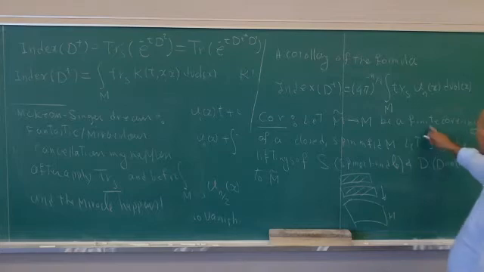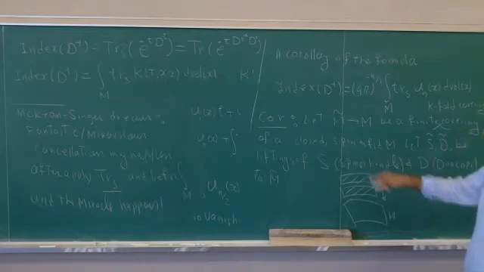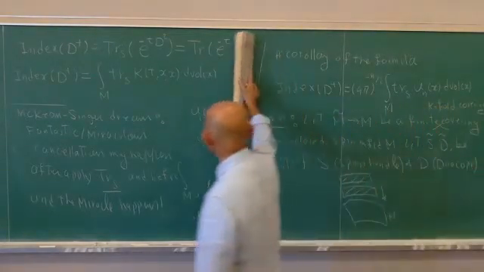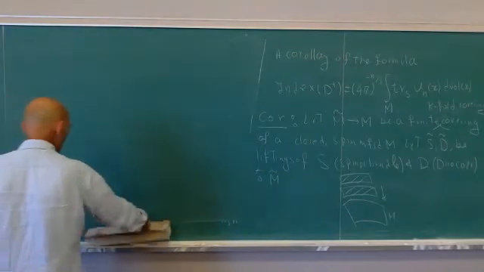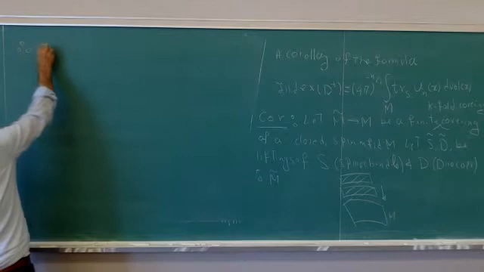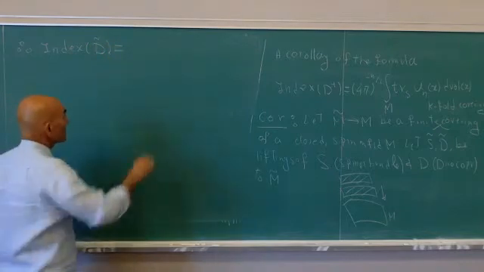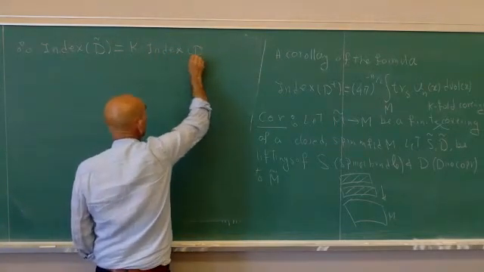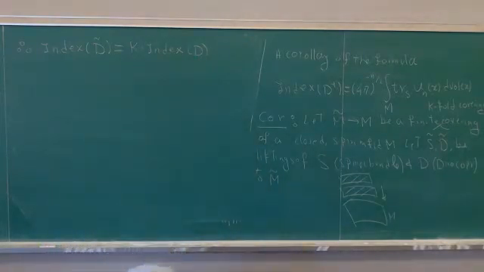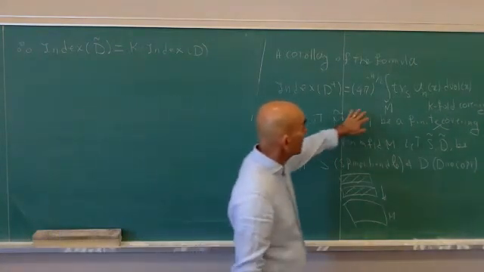So here, for a finite k-fold covering, the claim is that the index of D tilde is equal to k times the index of D. This is just the result that we need in order to prove the theorem.